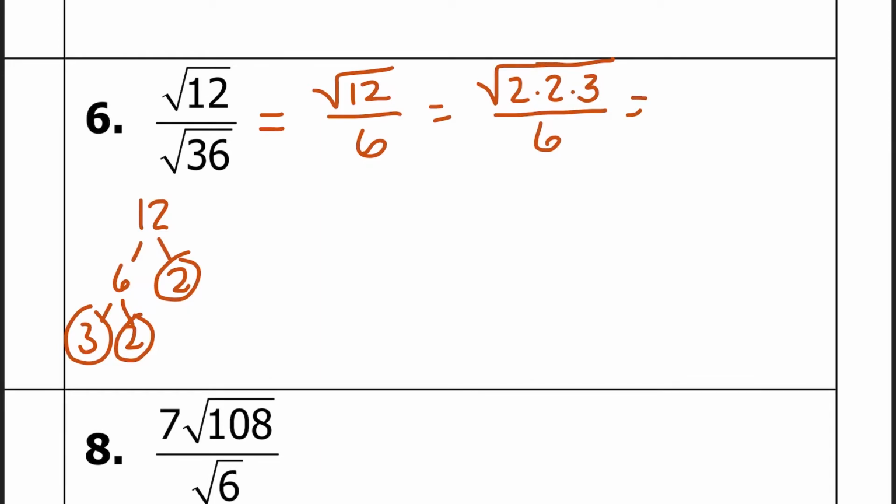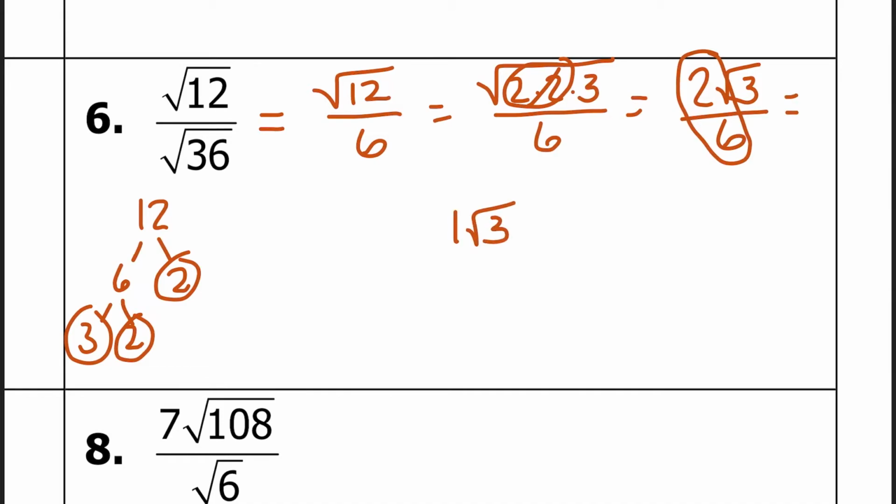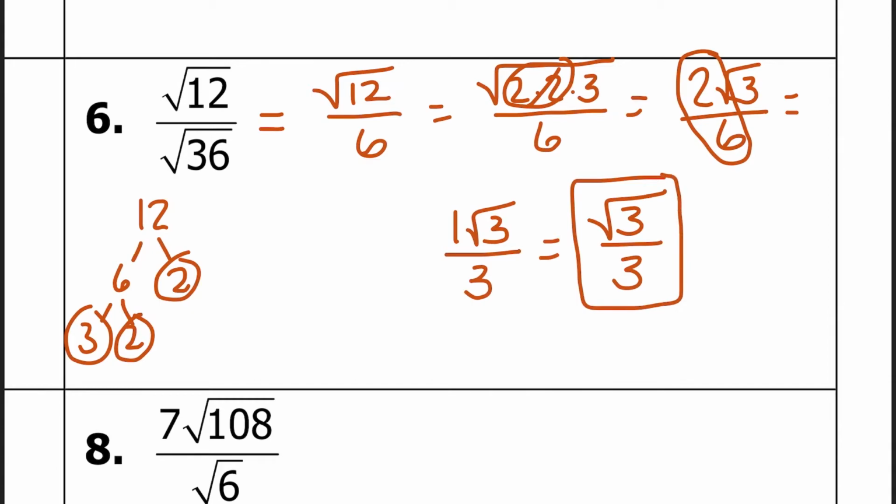If I pull out a 2, all right, when I get to this point, though, look at my coefficients. 2/6 can be simplified to 1/3. And we normally don't write the 1. So here would be your final answer on this one.